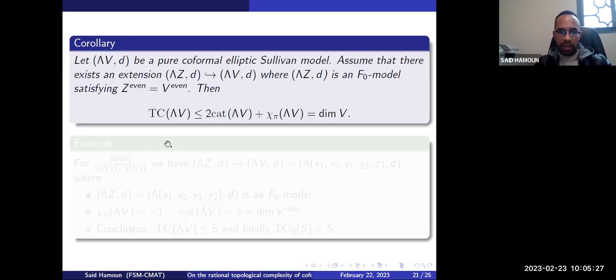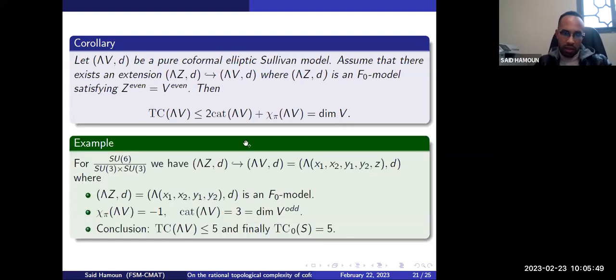In the particular case where K equals 2, which corresponds to the coformal case, then this upper bound corresponds to the dimension of V.